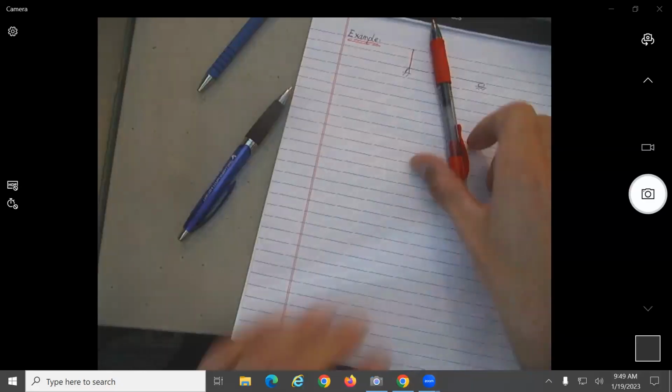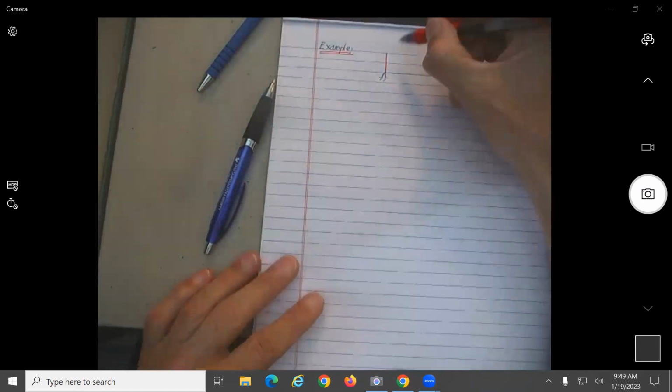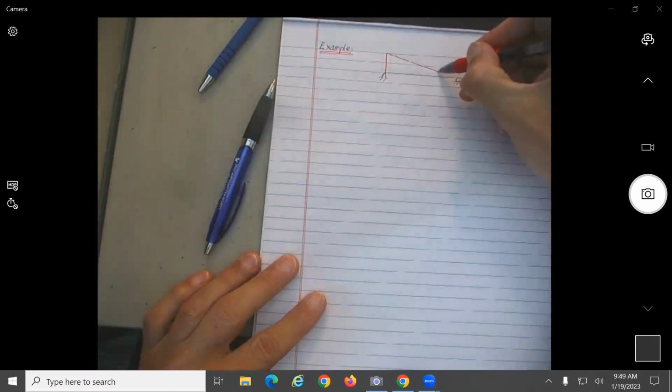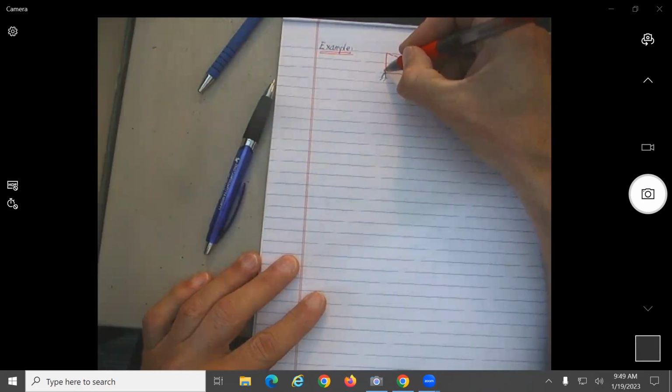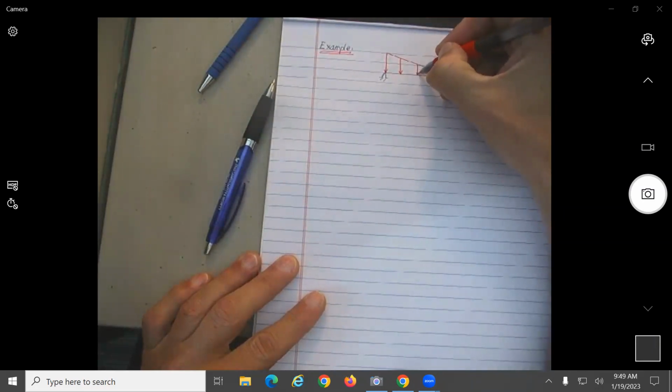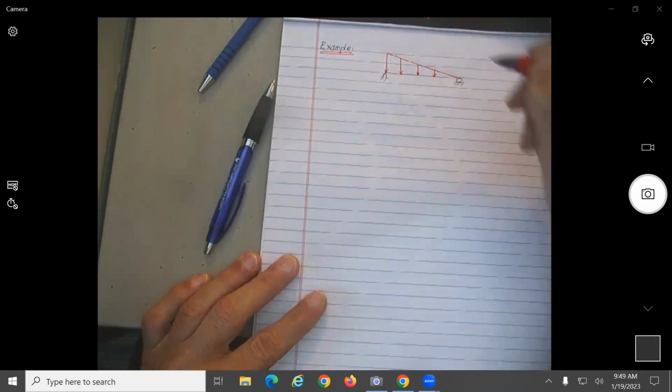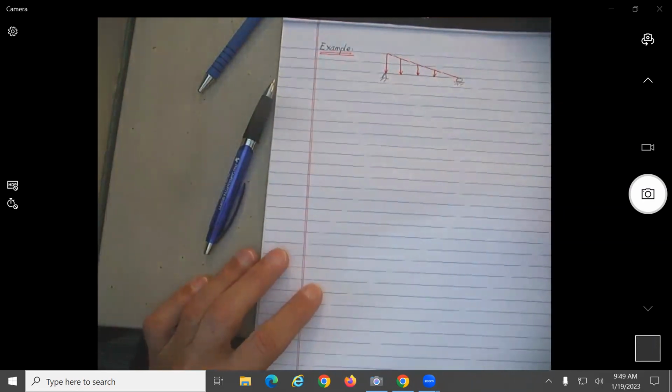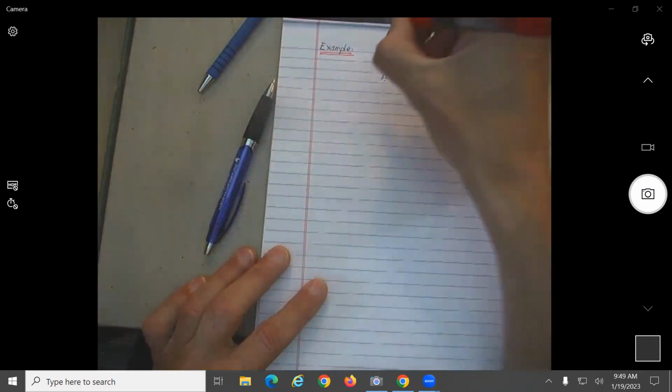Okay, so we'll do another example about a distributed load. In this example, it looks like this is going to be 5.